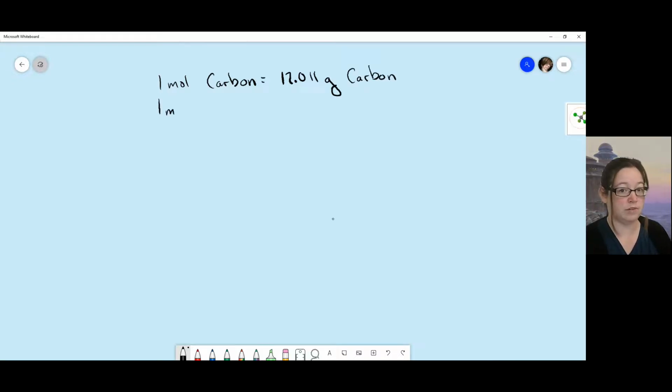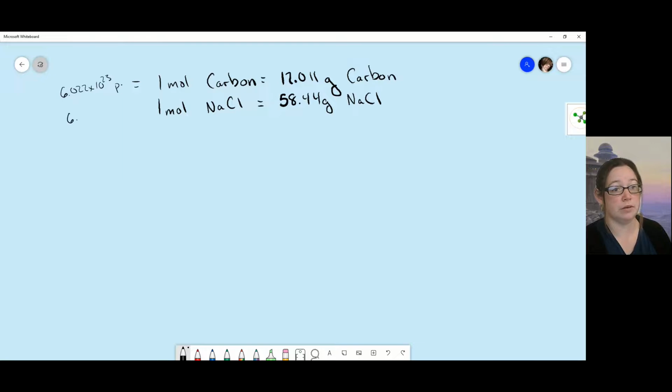But 1 mole of table salt, NaCl, we said in the last video, was 58.44 grams of table salt. Both of these things are 1 mole. Both things have 6.022 times 10 to the 23rd power particles. But they have different masses.